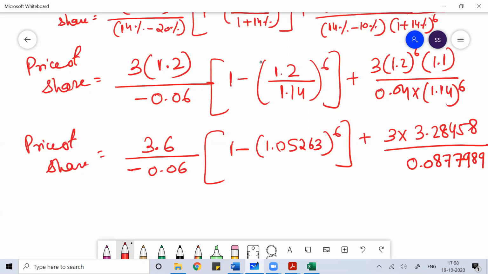So this is 3.6 divided by 0.06, so this is minus 60.